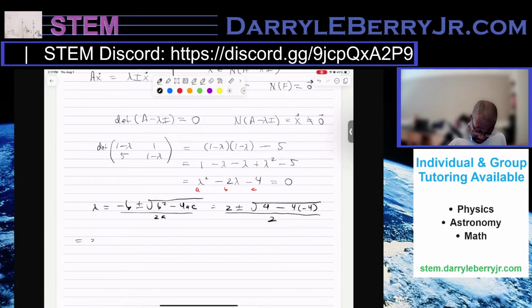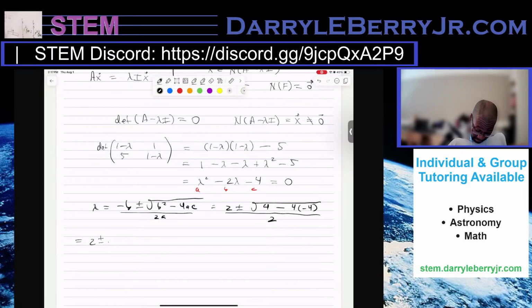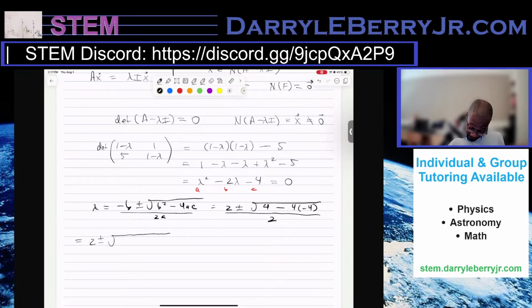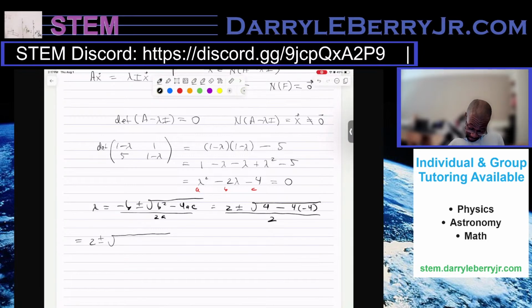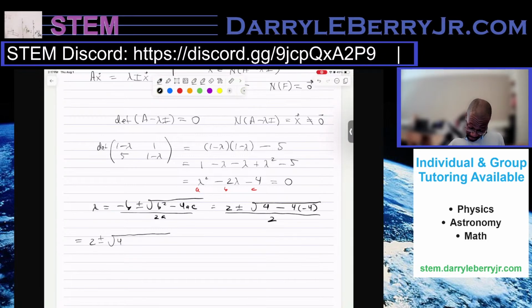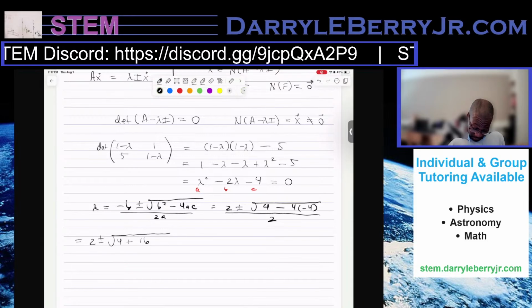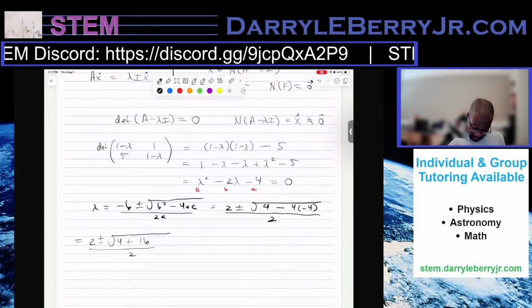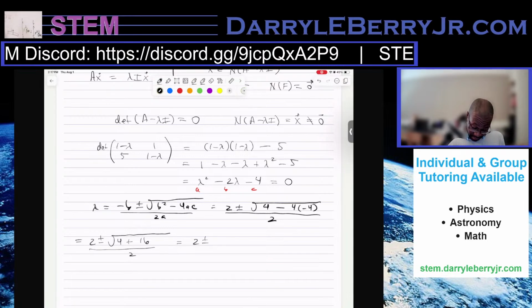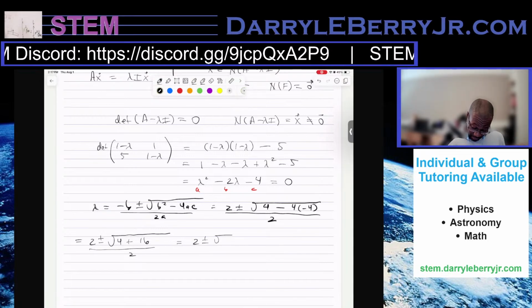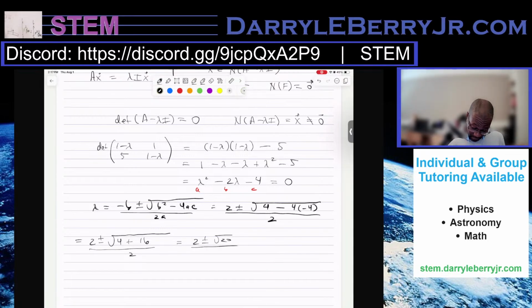So that equals 2 plus or minus the square root of 4 plus 16 over 2. So that equals 2 plus or minus square root of 20 over 2.